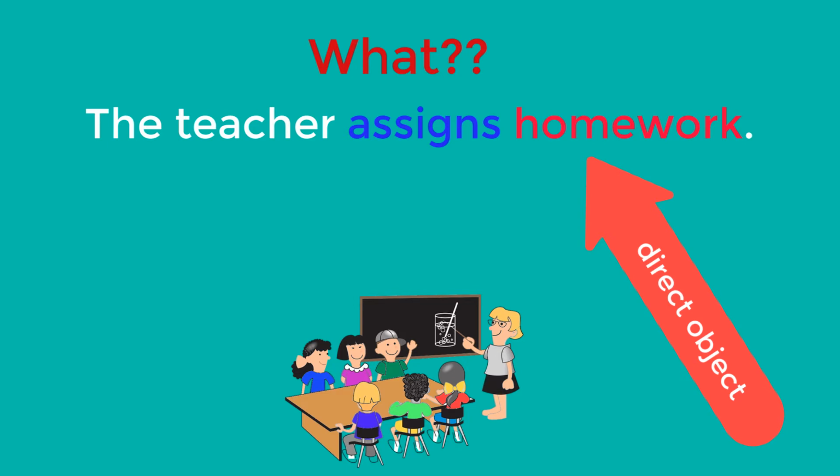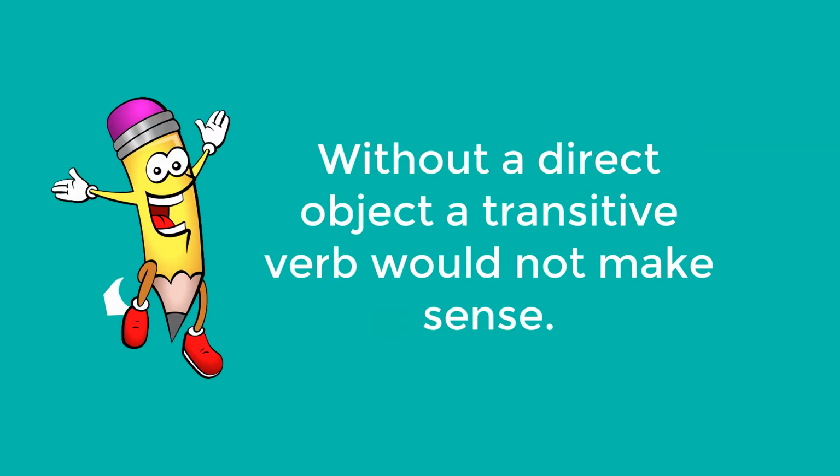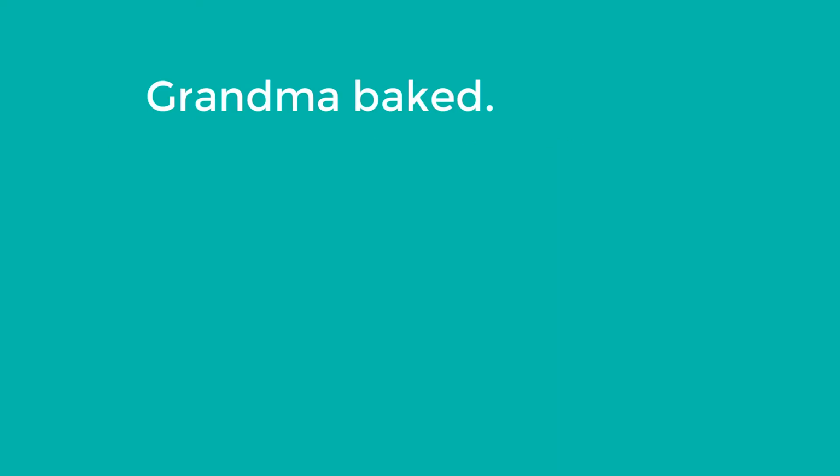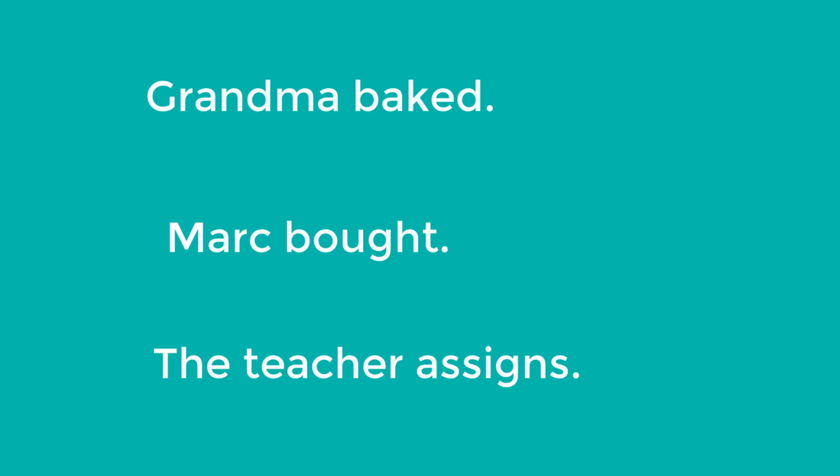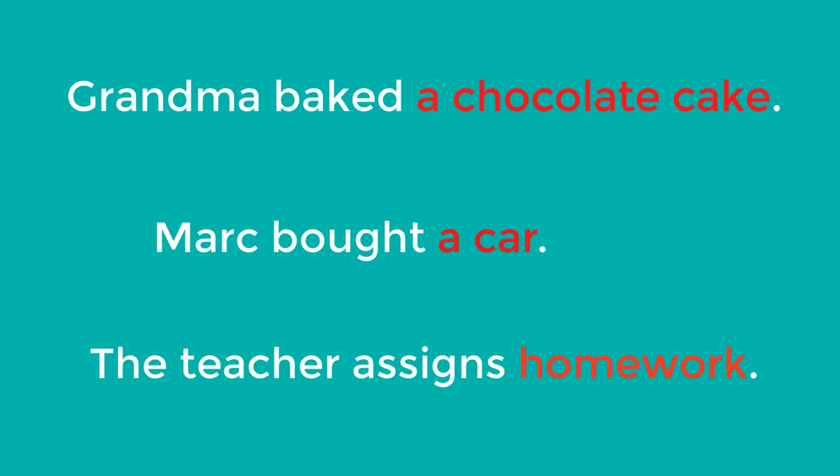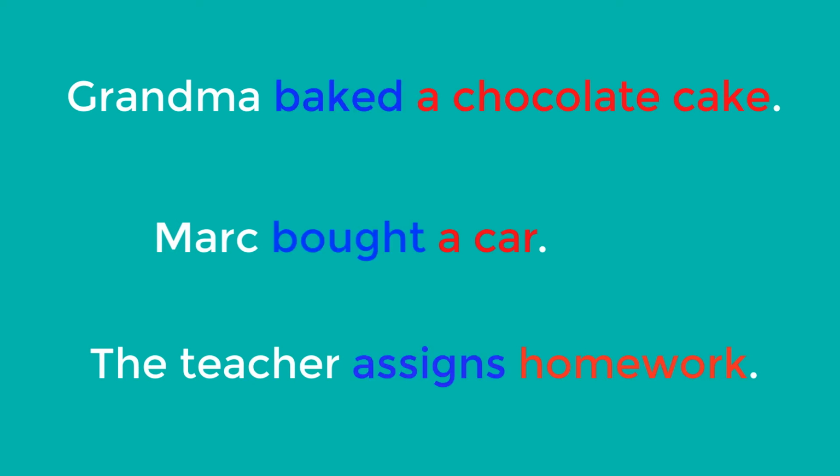Homework is assigned. If we say Grandma baked, Mark bought, the teacher assigns, the sentences would not make sense without the direct object. Remember that to find the direct object, the verb must be transitive and must answer the question, what or who.